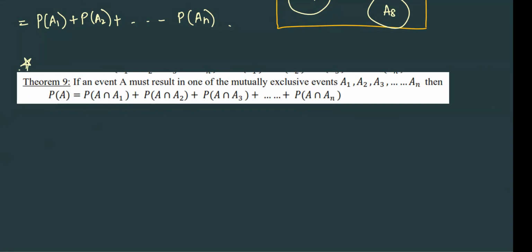If event A must result in one of the mutually exclusive events A1, A2, A3, AN, then the probability of A is probability of A intersection A1 plus probability of A intersection A2 plus probability of A intersection A3, and so on, plus probability of A intersection AN.